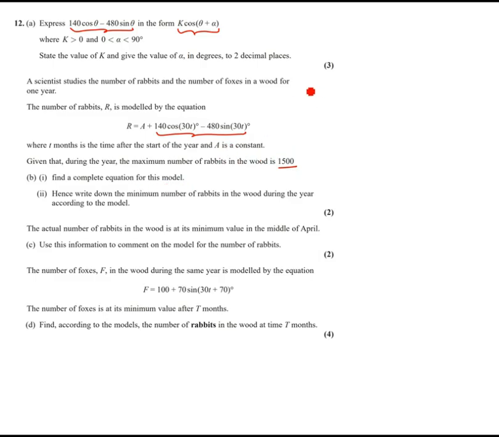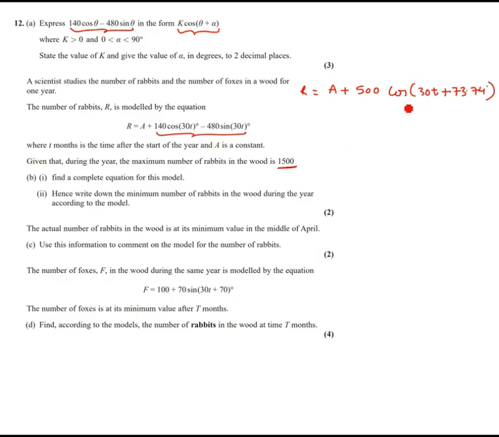So first, let's rewrite this as R equals a plus 500, and theta is 30t, so you can write cos 30t plus alpha, and alpha was 73.74 degrees. Just double check, 73.74. Now the question says the maximum number of rabbits is 1500.